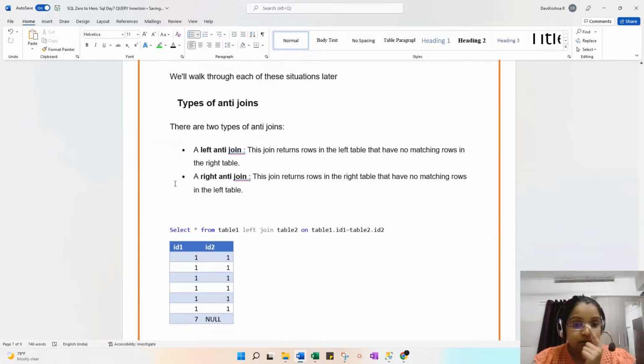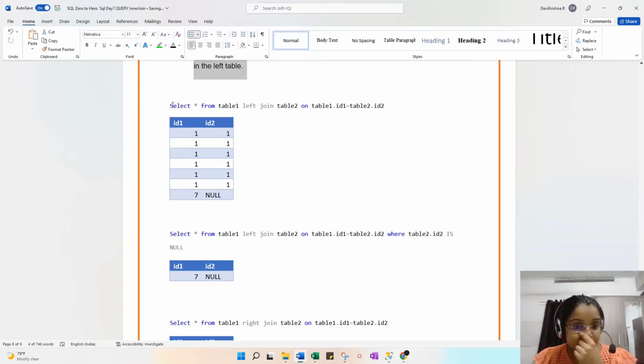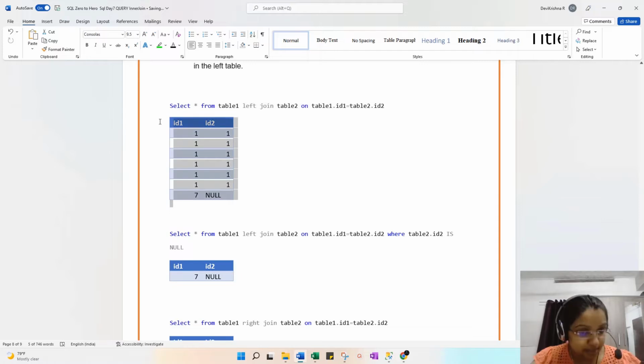Yes. A left anti-join returns the rows of the left table that don't have a matching record in the right table. A right anti-join returns the rows in the right table that don't have matching rows in the left table. For example, this query is also available. In a left join, I'm getting this data.